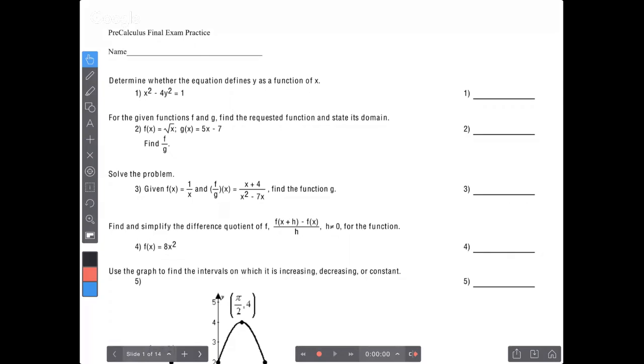How's that? Is that any better? Nope, still not better.